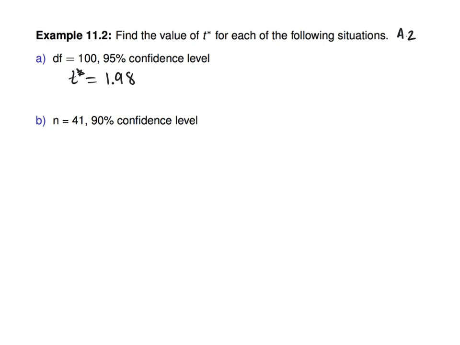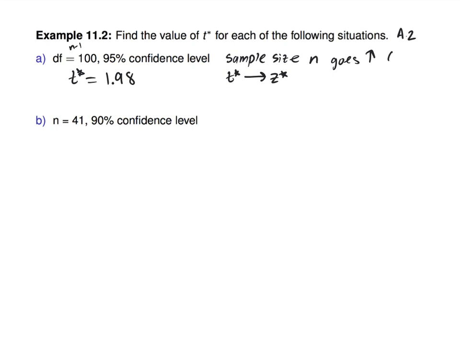And one thing that you should note, as your sample size, which is n, goes up, these t-star multipliers get closer to your z-star multipliers. And remember that degrees of freedom is n minus 1.